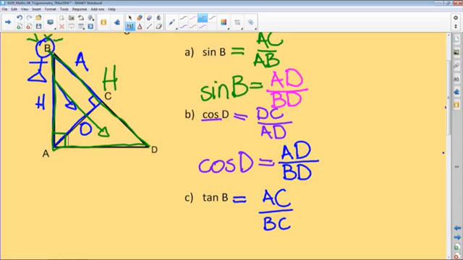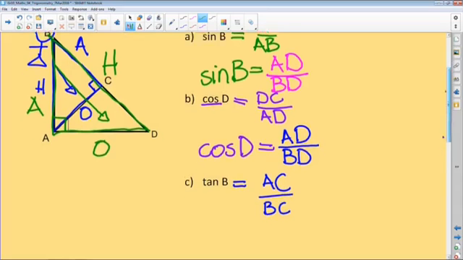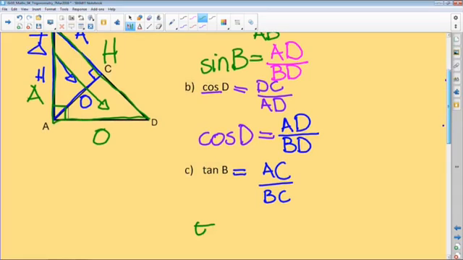So that means the opposite line is this one over here. And the adjacent one is the one that's right next to her. So tan of B can also be equal to, oh, and my handwriting went very untidy there, I'm sorry, AD over AB.